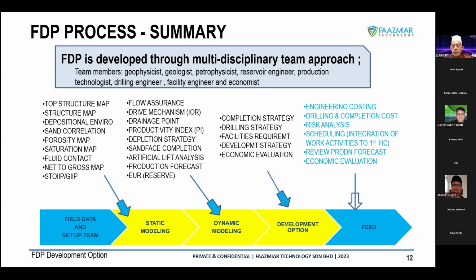Depletion strategy is, for example, when it's a big field and you want to produce from 110 wells. Because of the structure of the reservoir, an anticline or fault, some of the wells will produce more and cause the water to go up earlier. So maybe you want to avoid the water coming up earlier on one side.